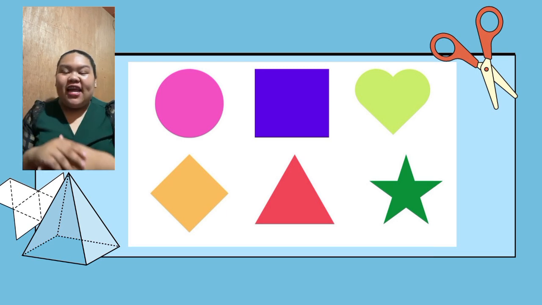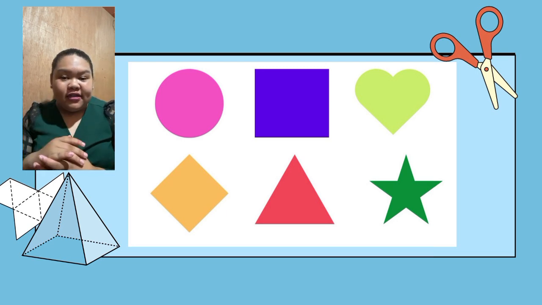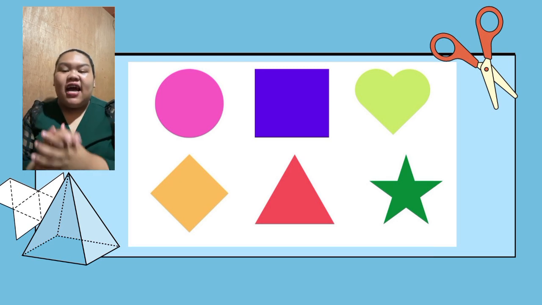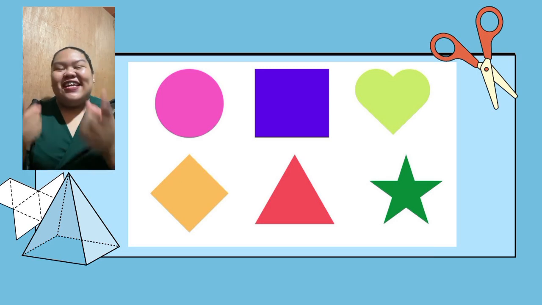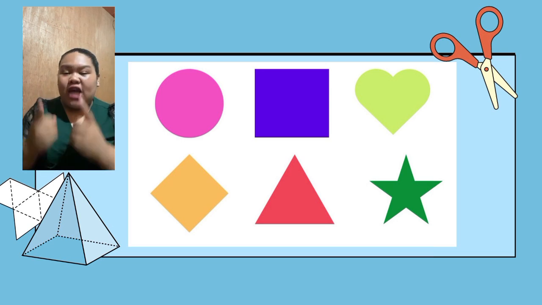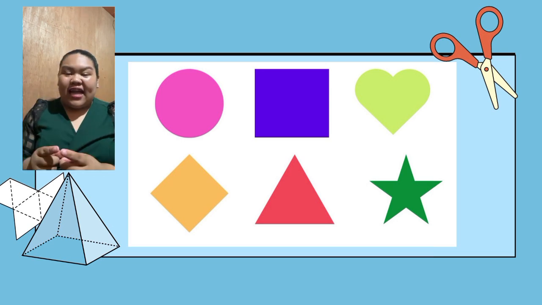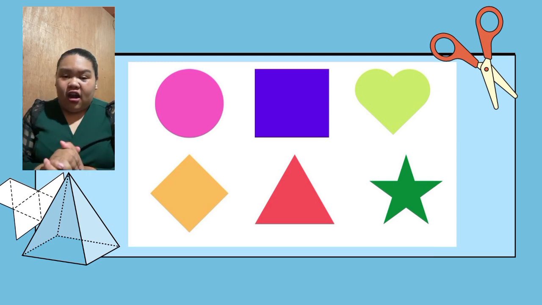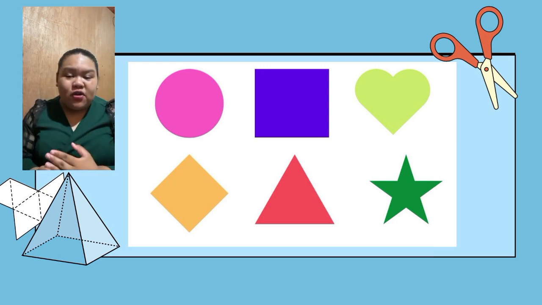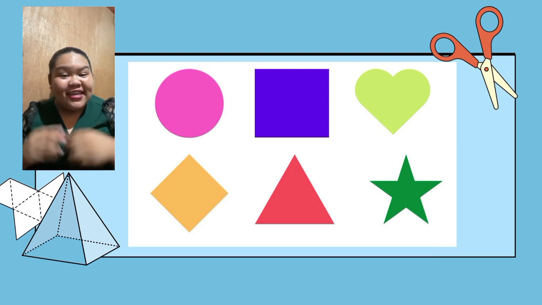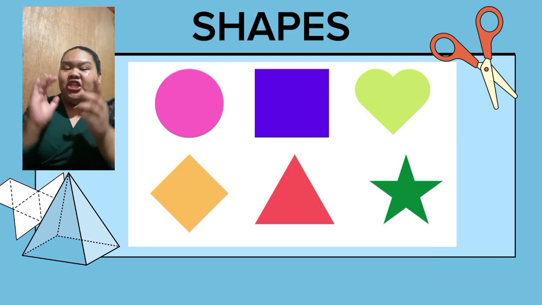Okay, correct. It is a heart. How about the fourth one? Yes, it is a diamond. How about the fifth one? Yes, it is a triangle. And the last one? Correct, it is a star. So the six images that I have shown to you are called shapes.